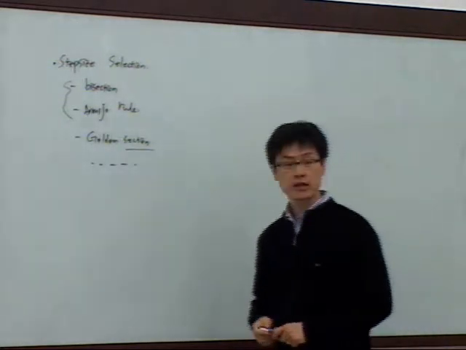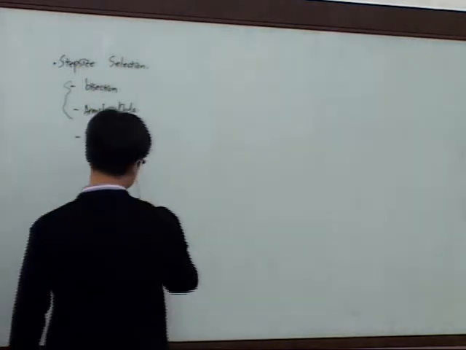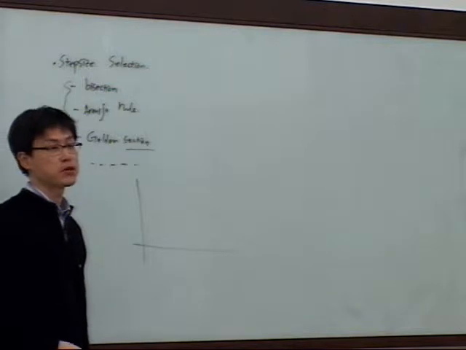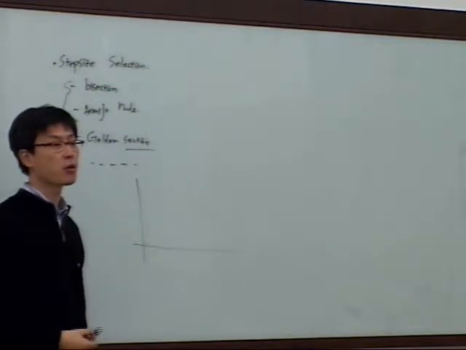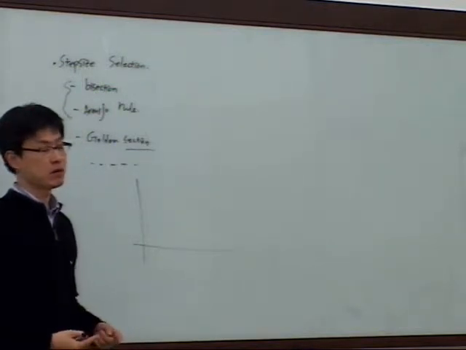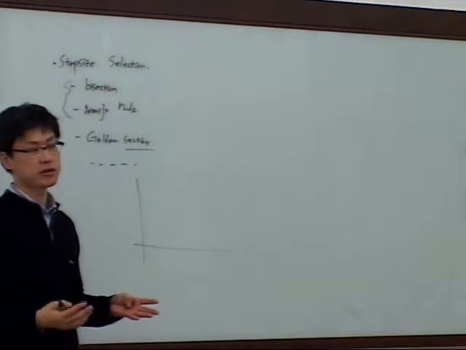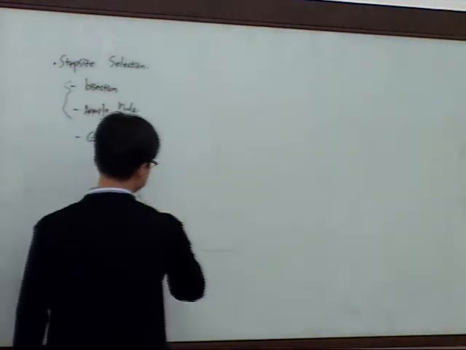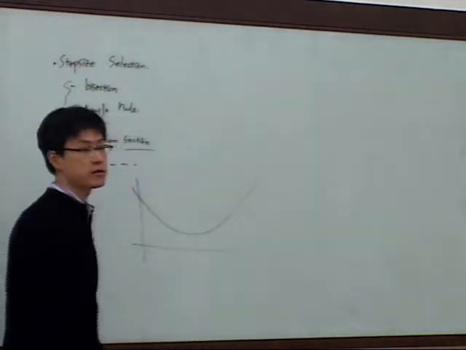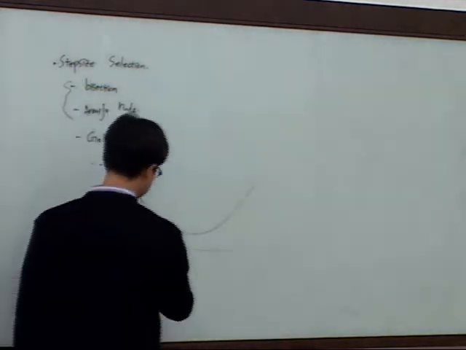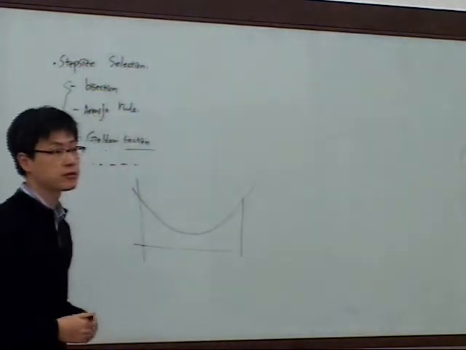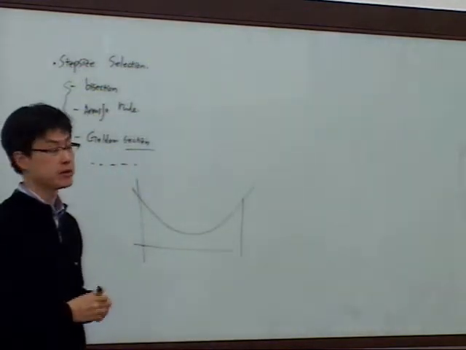The golden section method is nothing more than a section method utilizing the golden ratio, 0.33 something and so on. Okay. Let's say there is a function and we would like to find the minimum of it.